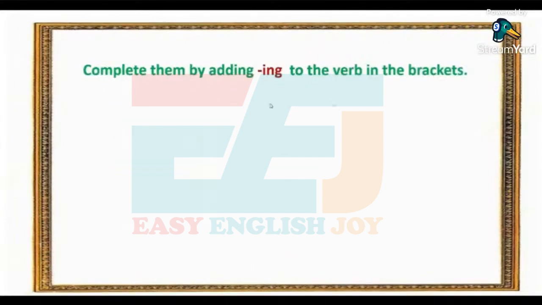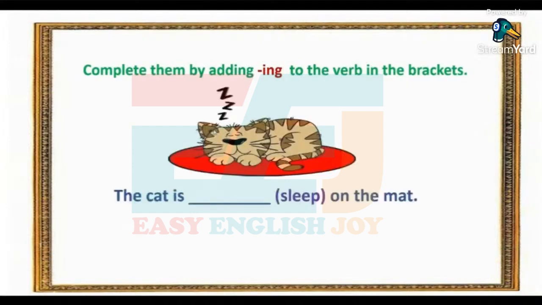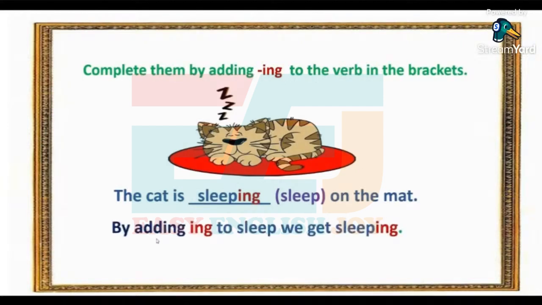Complete them by adding ing to the verb in the brackets. So the verb in the brackets is sleep. Answer: the cat is sleeping on the mat. So by adding ing to sleep, we get sleeping.